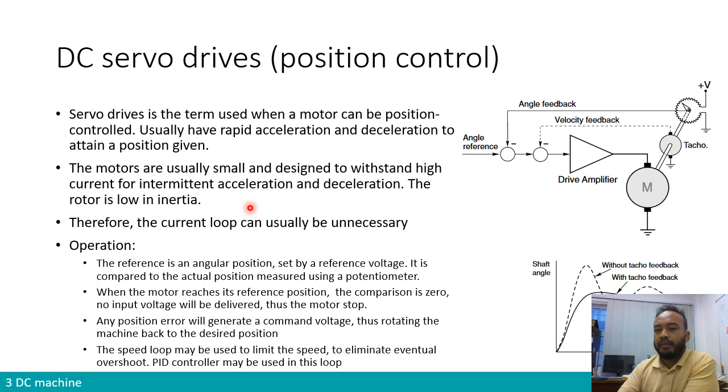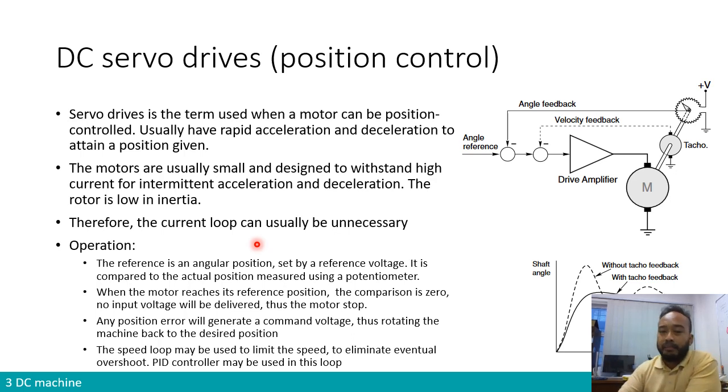Therefore, in this case, if the machine is properly designed to have low inertia and the winding able to withstand high current, the current loop can be redundant, if in terms of topological design it is already good to have a proper level of current.